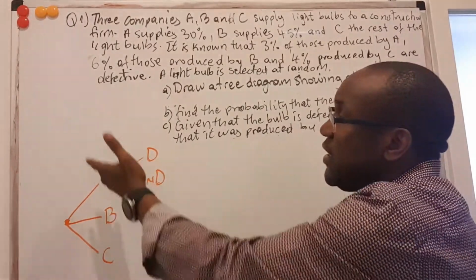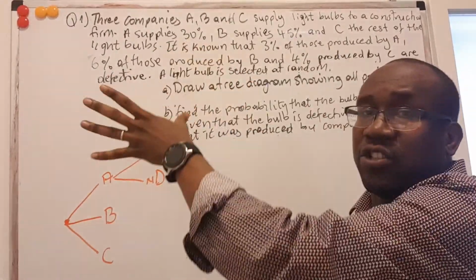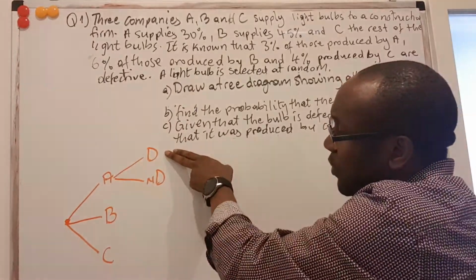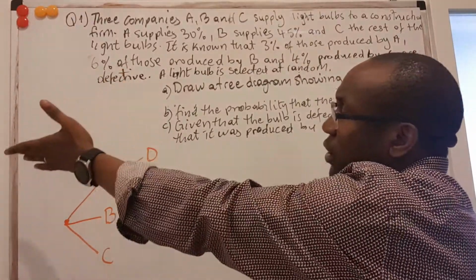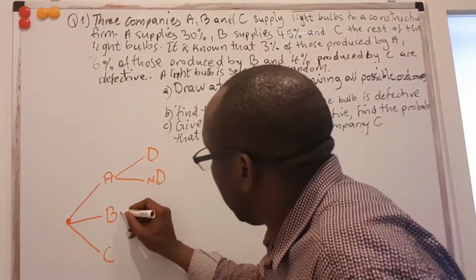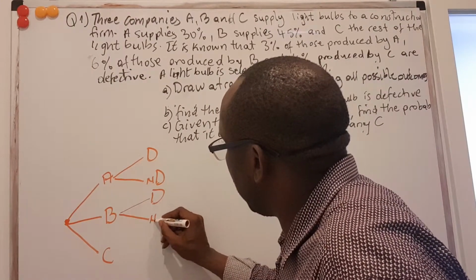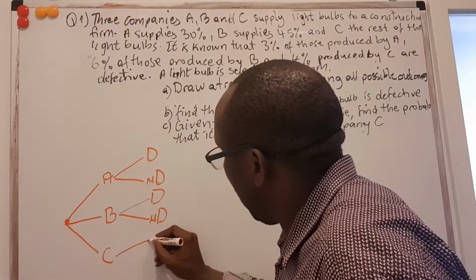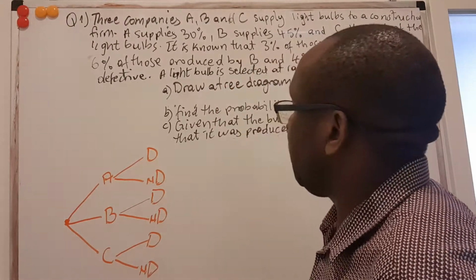So if you use A, B, and C, say that let the companies be A, B, and C. In this particular question, A, B, and C is not strange. The examiners know. But something like D and not D, you really have to define. So let defective be D, not defective be D'. Or you just write them in words. It's also fine. Or it may come from B and it is defective or not defective. Or from C, defective or not defective.